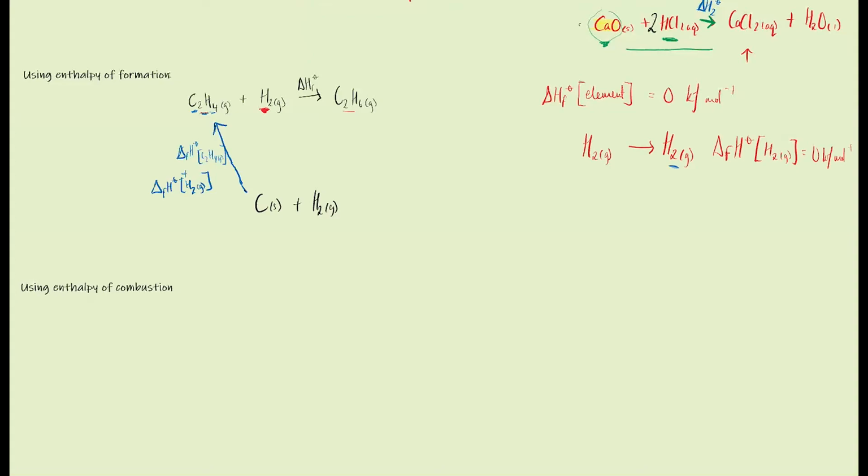So the blue line that we've got here for the enthalpy of formation of ethene and the enthalpy of formation of hydrogen is balanced on either side of that arrow, or that enthalpy change. So I have 2 carbons at the top, I'm going to have 2 carbons down below here, and I've got 6 hydrogens at the top, and therefore we'll need 6 hydrogens at the bottom.